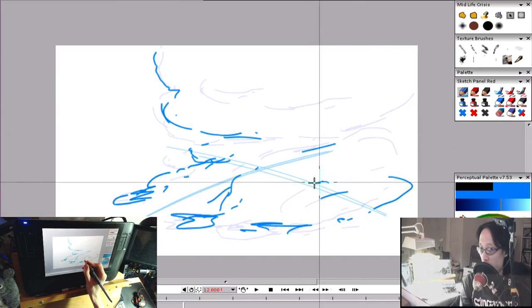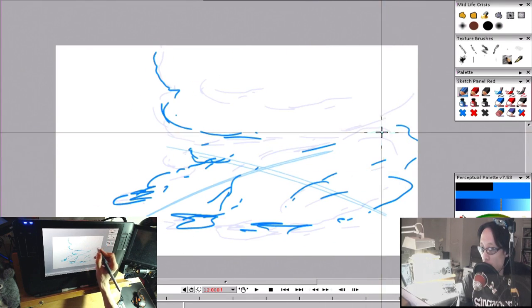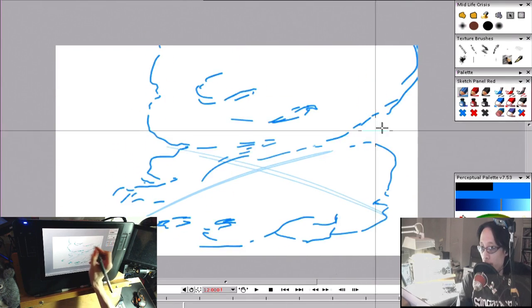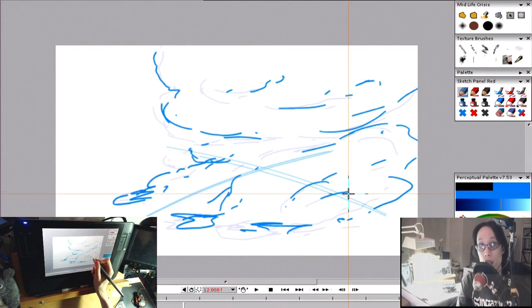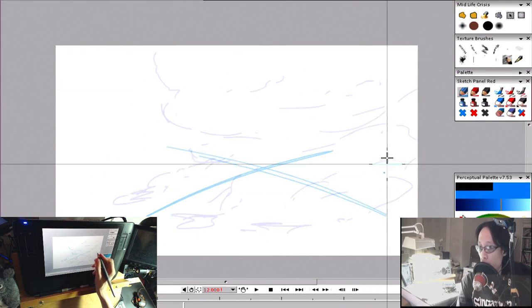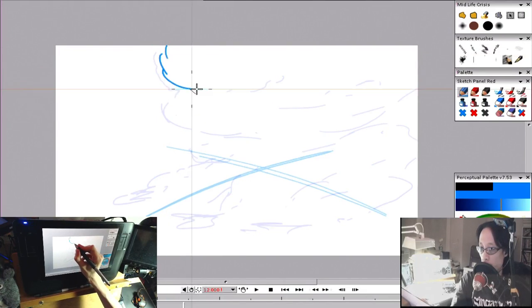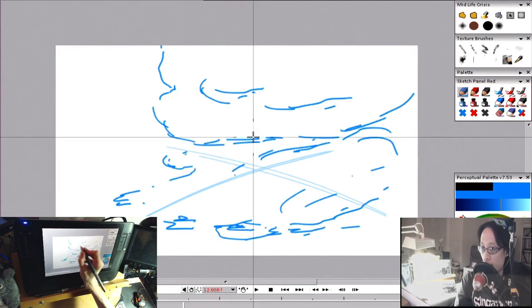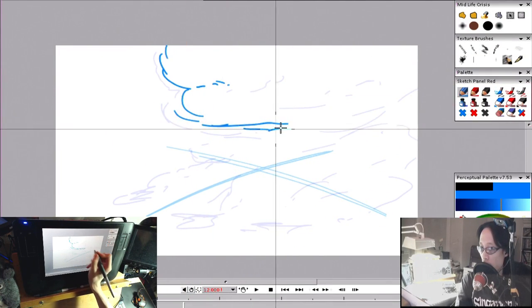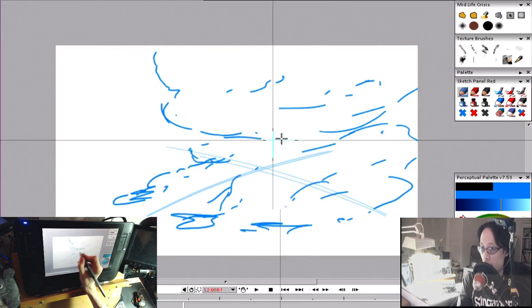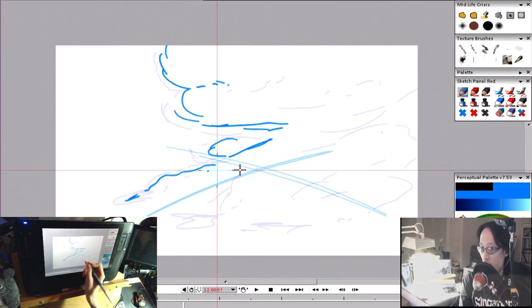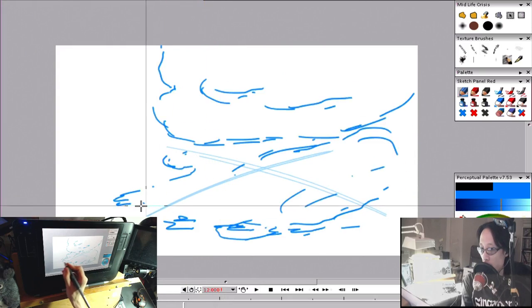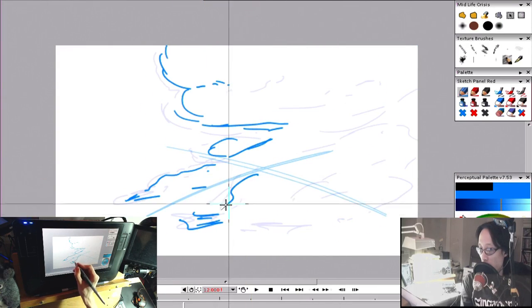And at this point, it's mostly just getting the motion right, and there's a lot of breakup of the line as well. The breakup of the line is necessary to get that feeling of motion. I don't know why it is, but it just works better when I break up the line rather than if I use contiguous, unbroken straight lines.